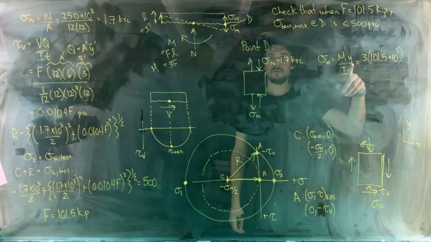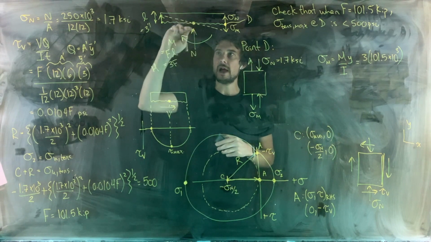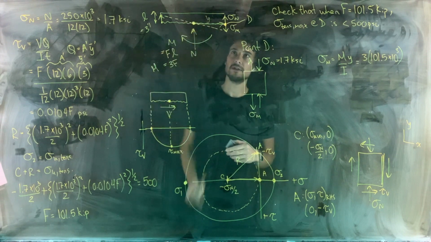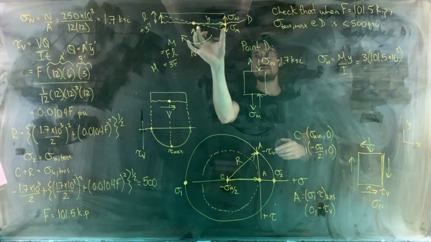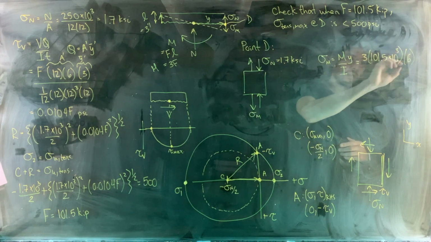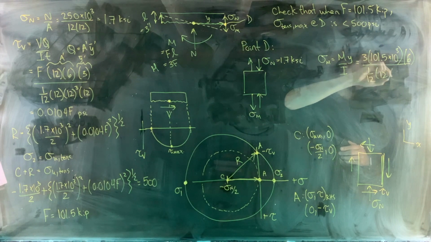Our value of y is the distance from the axis of the moment to the point that we're considering. That's half of the width of the cross section, so we've got 6 inches there, and then I, we've got 1/12 base height. It's supposed to be a 2 base height cubed.